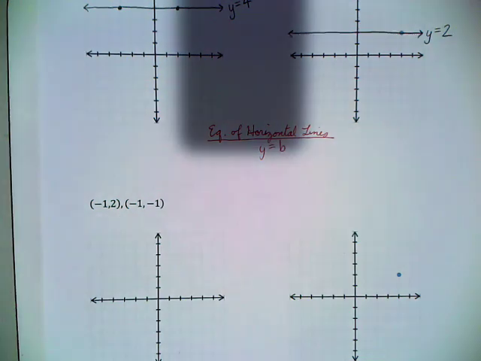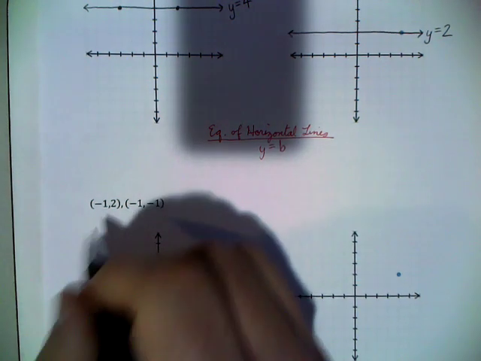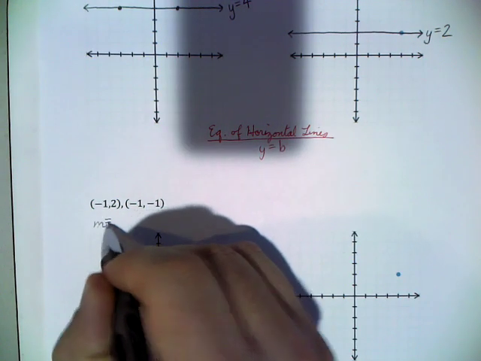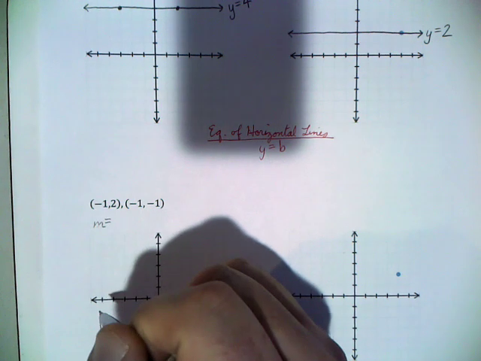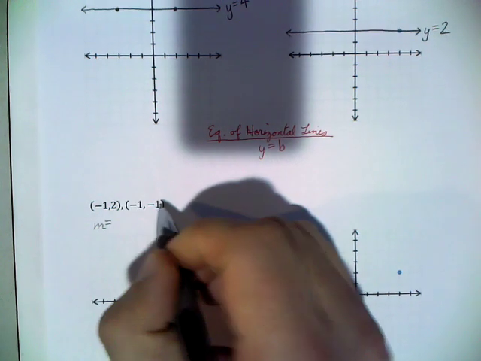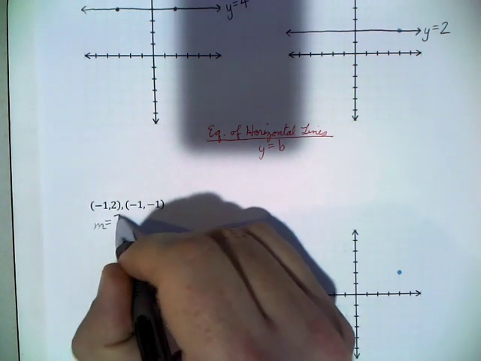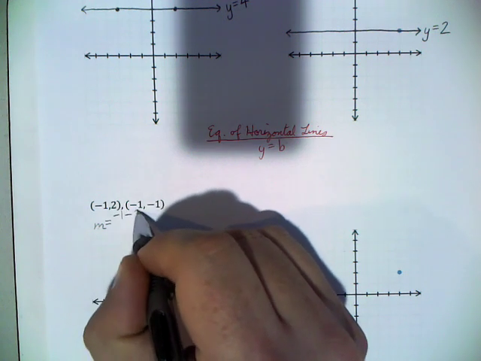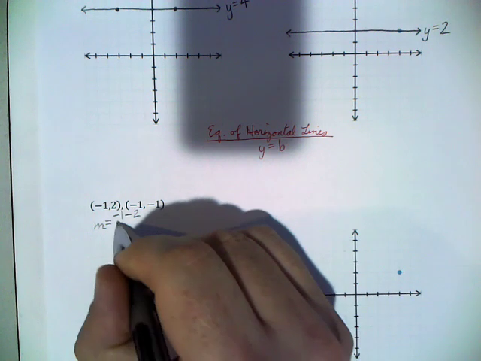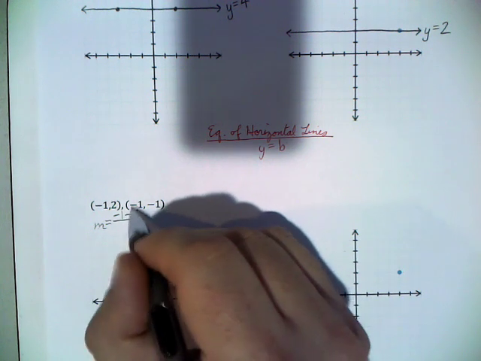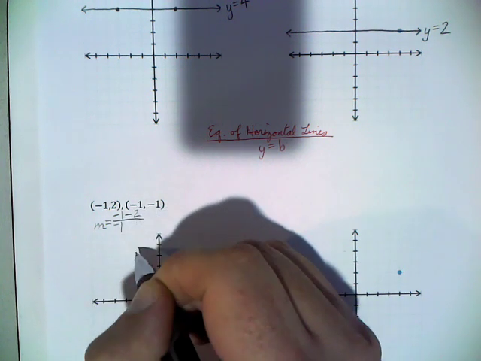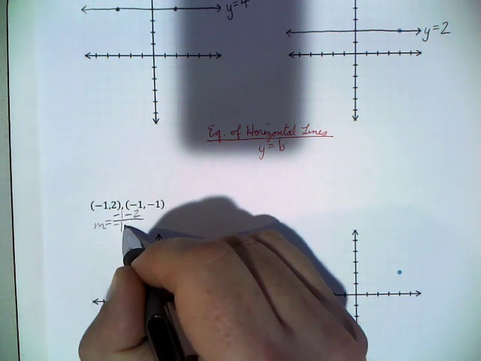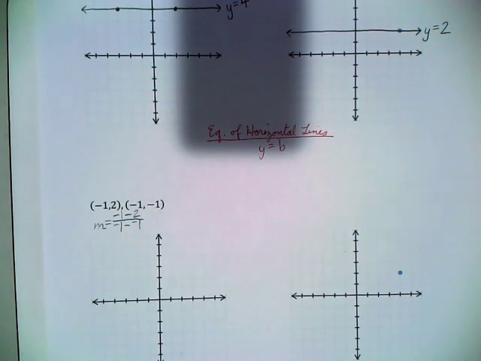All right, next example here. So we've got these 2 points. We're going to do just like we did above and find the slope. So this time my second y value is a negative 1 minus my first y value is 2. And that's going to be all over my second x value, negative 1, and my first x value of negative 1.